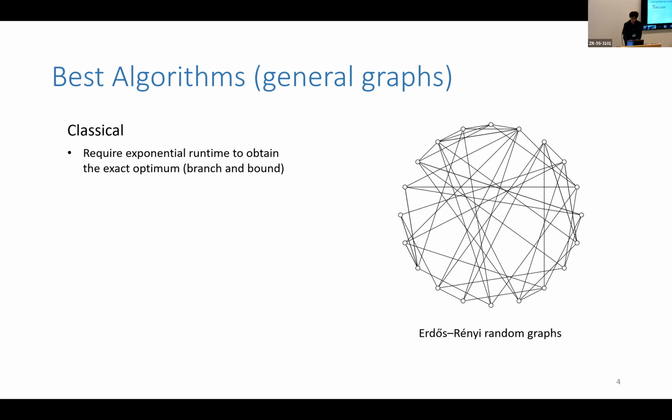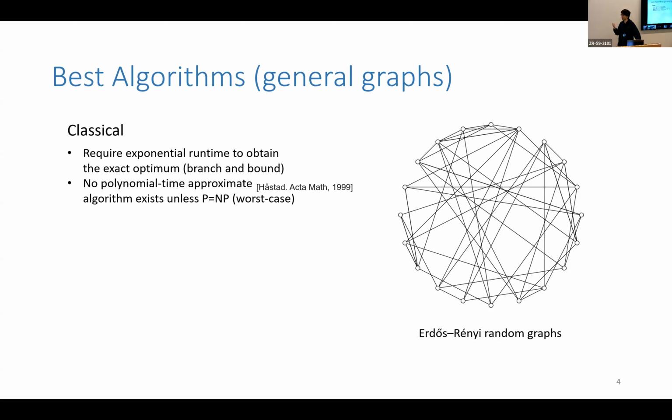On the classical side, consider the best algorithm for a general graph, which means every two vertices can have an edge no matter how far their distance is. For such graphs, the best algorithm on a classical computer is called branch and bound, and it requires exponentially long time to find the exact optimum.